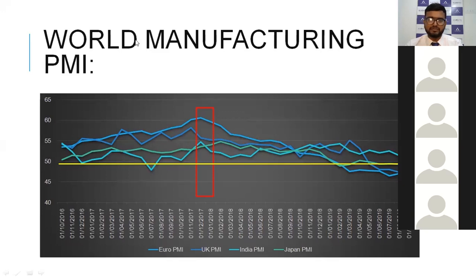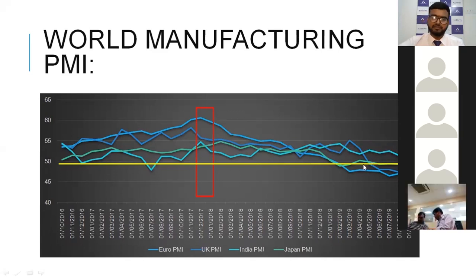This yellow line at 50 indicates that there is an expansion in the economy. Even if you take the US and China, out of all six regions, only India is above the 50 mark. So you cannot take the Indian scenario into consideration when you're doing this analysis on other countries, because India still holds above 50.